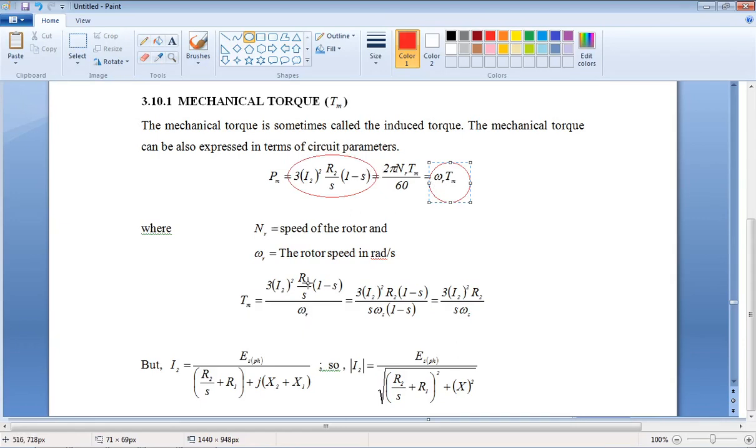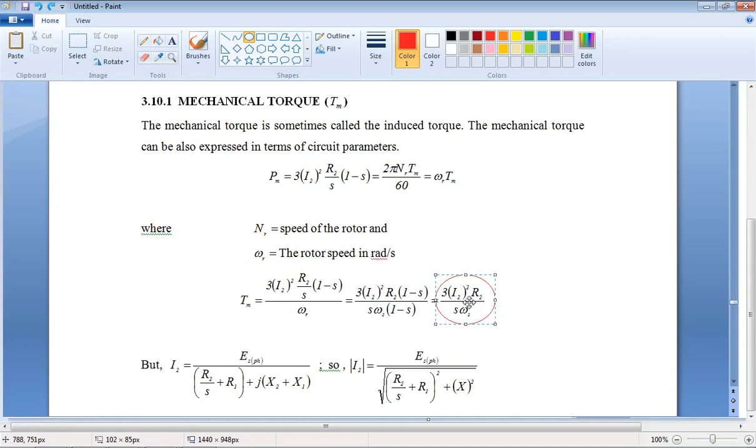Next, we bring down the denominator of the top term. So we bring down this S, and we know that omega R is equal to omega S times (1 minus S). Okay, so we can cancel the top (1 minus S) and the bottom one. So finally we have this equation.